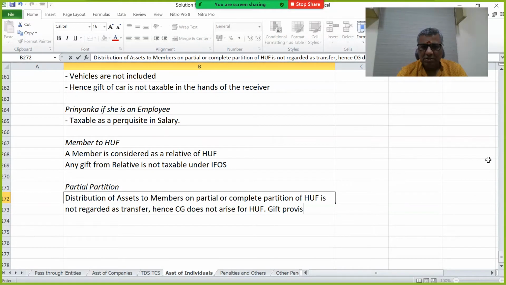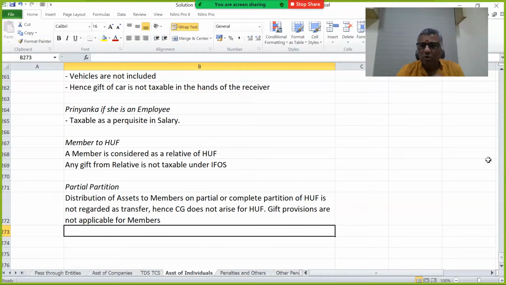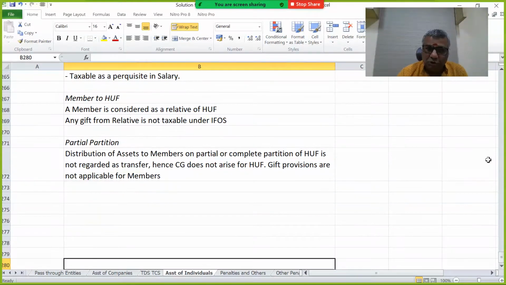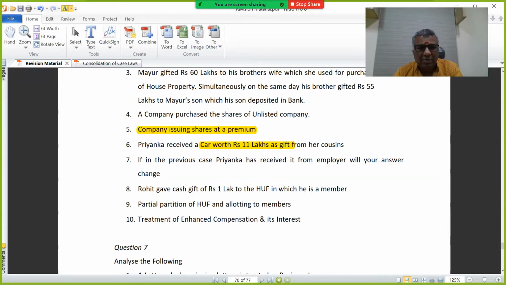Gift provisions are not applicable for members. So, liquidation is not taxable for the company, partition not taxable for the HUF, but on dissolution of a firm, distribution of assets to partners is taxable.